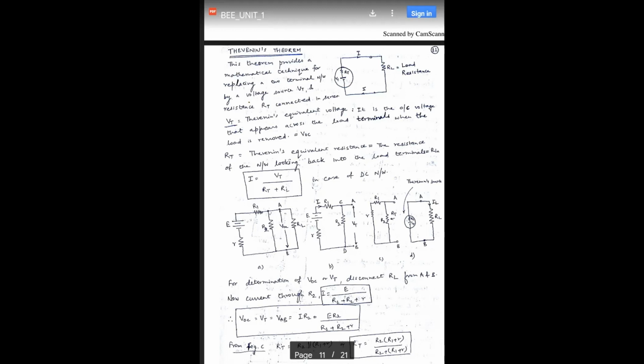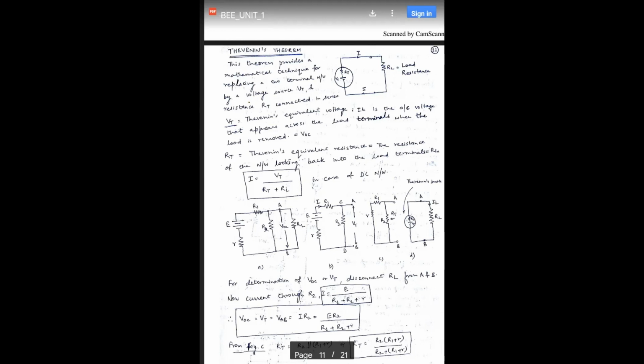What methods do we adopt to convert the existing network into an Ohm's law type of network? We will learn that here, along with the assumptions and the procedure.